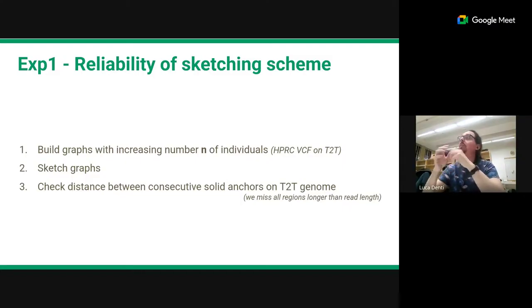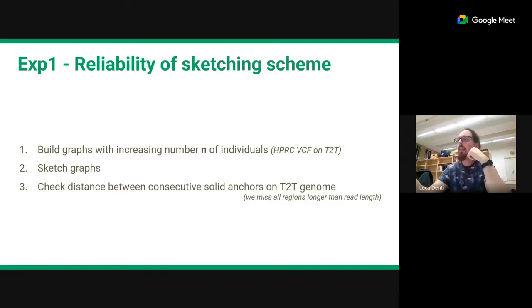The main goal was that if two anchors are too far away from each other, then we may miss that region. Let's assume that we have HiFi reads, so we should expect an average read length of 15,000 base pairs. If two anchors are more than that distance away, then we won't be able to anchor any read in that region.